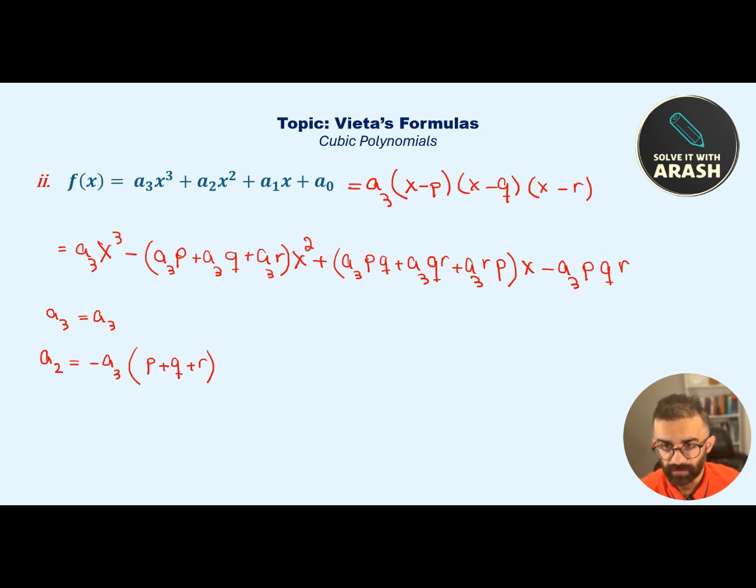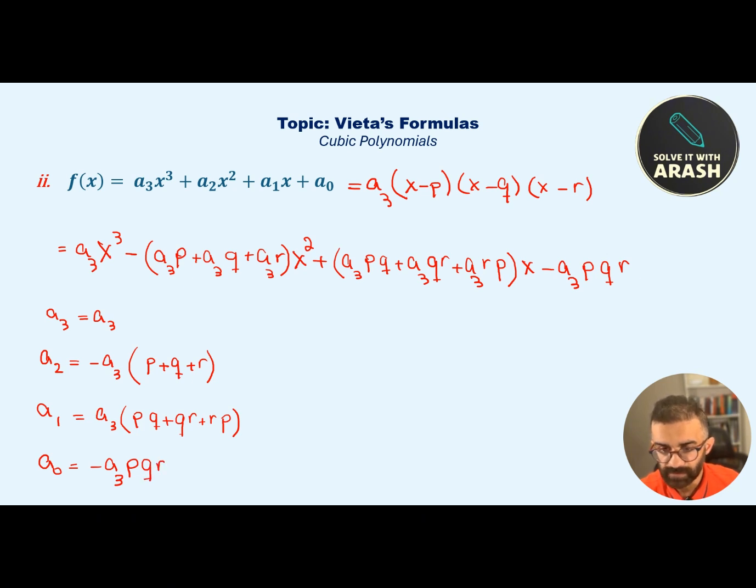For the linear coefficient, on the left side we have a1, and on the right hand side, if I factor a3, it's going to be a3 times (pq plus qr plus rp). The constant term is a0 on the left, and on the right we have negative a3 times pqr.